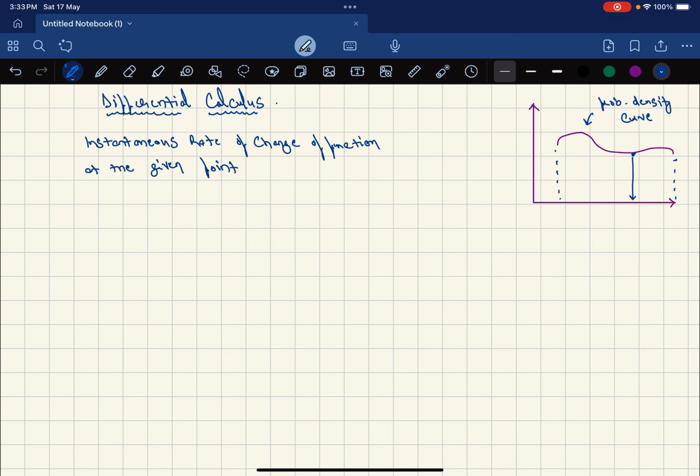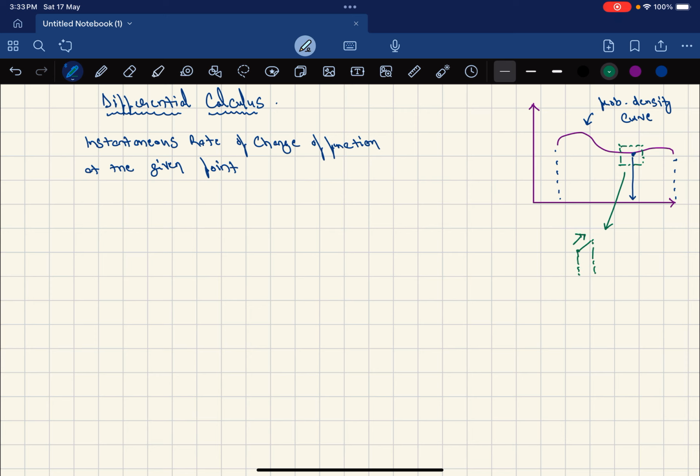Now let us say in this particular small part of the function, we are magnifying it here, and let us say we take a very small part here, and we see that the function moves from this particular point to this particular point.